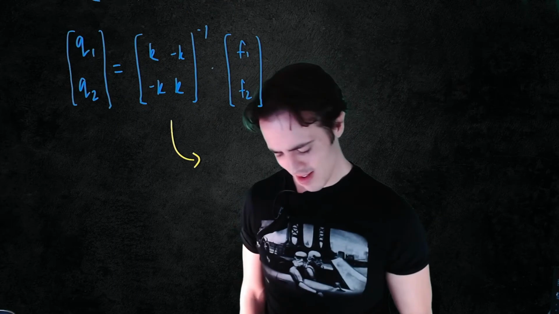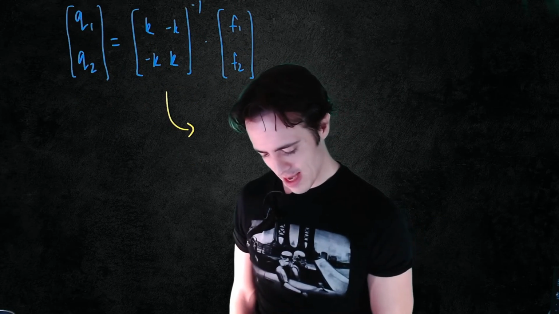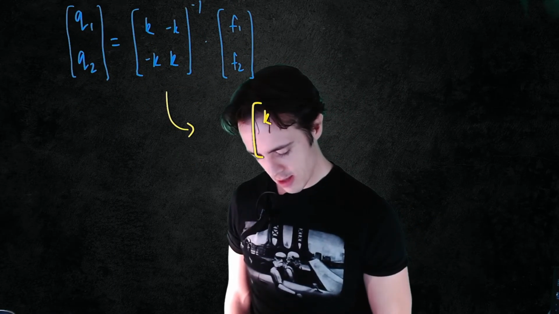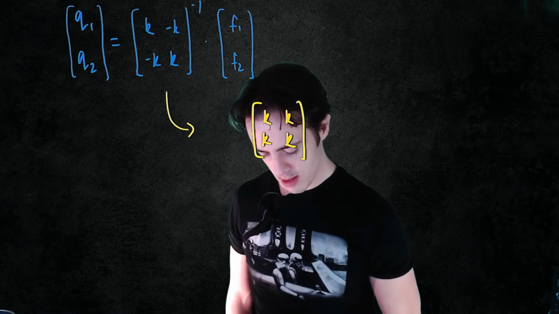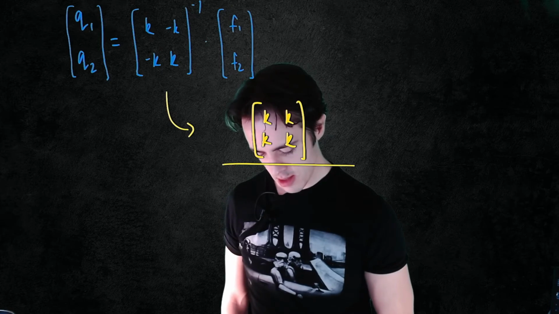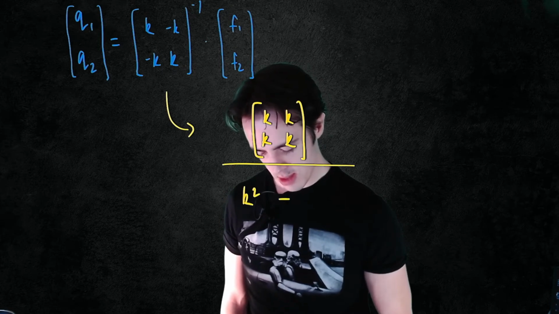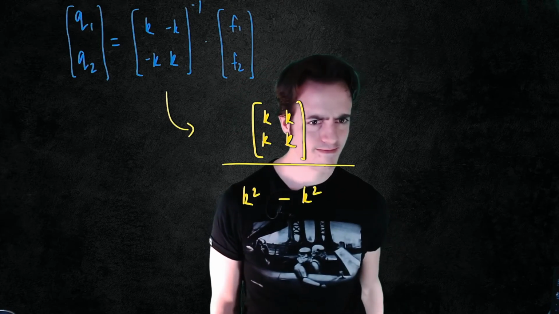So that's going to be K, K, K, K, divided by K squared minus K squared.